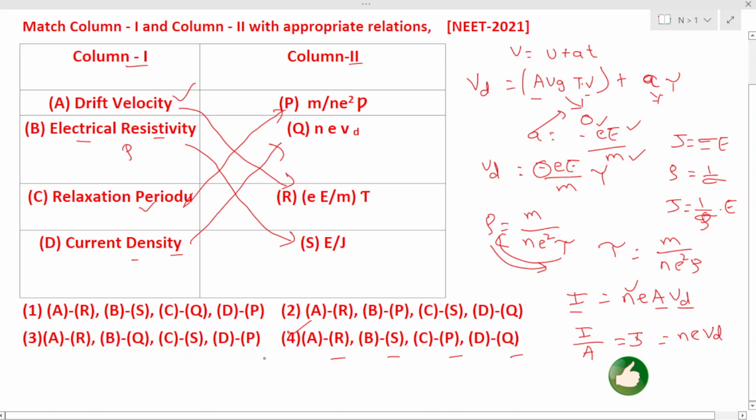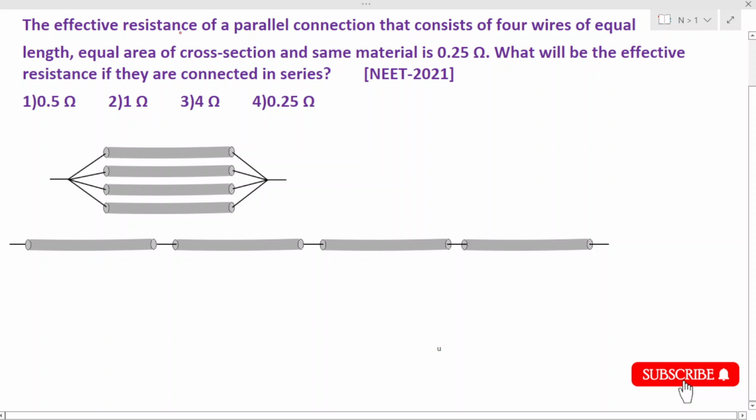Now let us move to our next question. The effective resistance of a parallel connection that consists of 4 wires of equal length, area of cross section and same material is 0.25 ohm. What will be the effective resistance if they are connected in series?